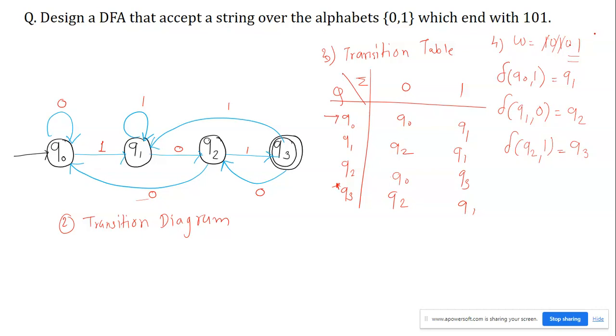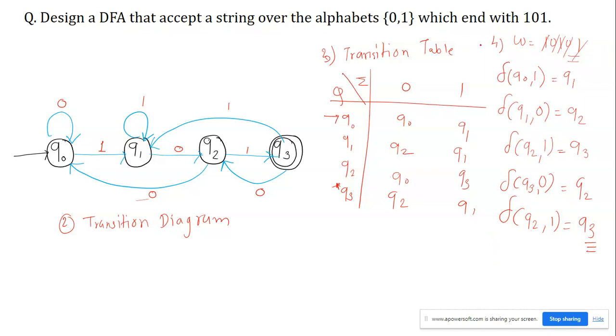So we have to process all of them. Now Q3 is there, the next input will be a 0. Q3 with 0, we move towards Q2. Then Q2 is there and the last symbol is 1. Q2 with 1, we can see Q3. So my string has ended as well as I have arrived at the final state Q3, which means the string is accepted successfully, as it ends with 101.